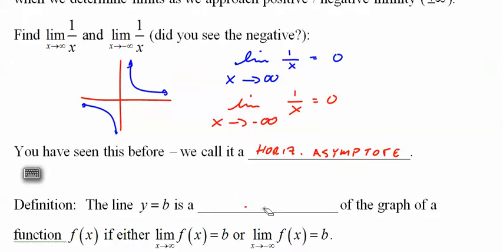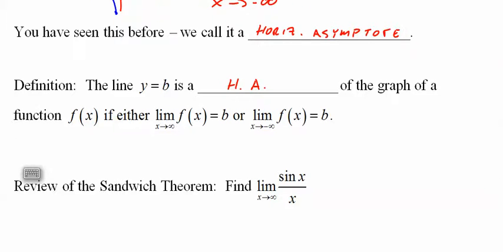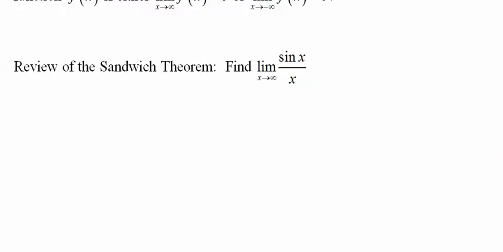The line y equals b is a horizontal asymptote of the graph of the function f of x if either the limit is b or the limit is b, yada yada. You know what a horizontal asymptote is. This is where the theory and personally I depart, and it'll happen a lot in this lesson. I know what a horizontal asymptote is. Yes, I understand it's a limit. As we get further and further out, we get closer and closer, so it doesn't really bother me.